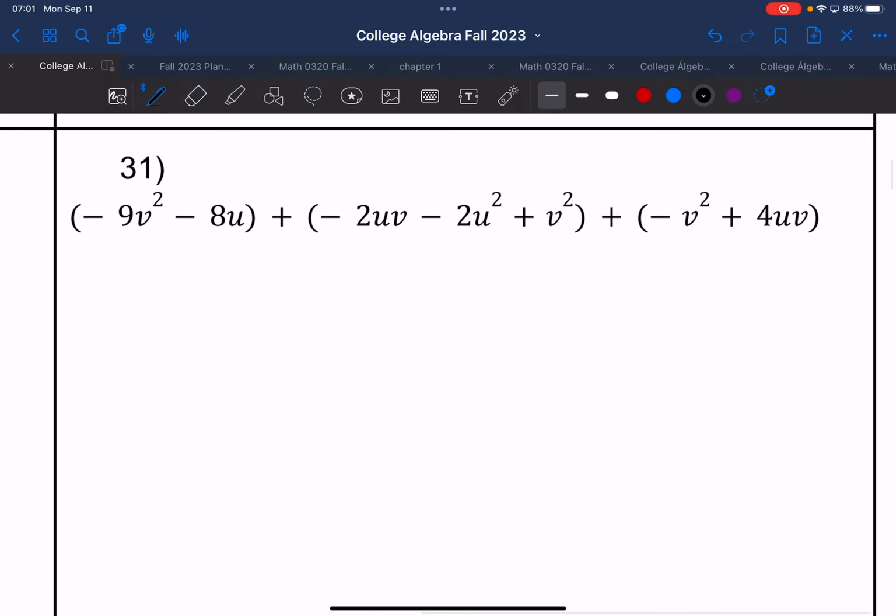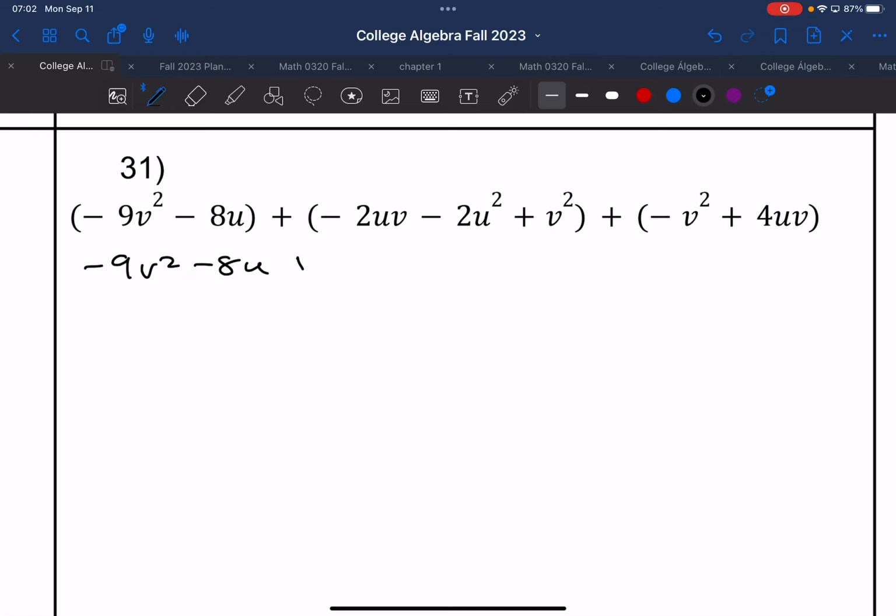Okay. How many expressions do we have in 31? We have 3, because remember, an expression is something separated by that plus sign. So we have the first parentheses, the second parentheses, and the third parentheses. Since these are all being added, do we need any of these parentheses? No, so we can go ahead and rewrite our problem without any parentheses.